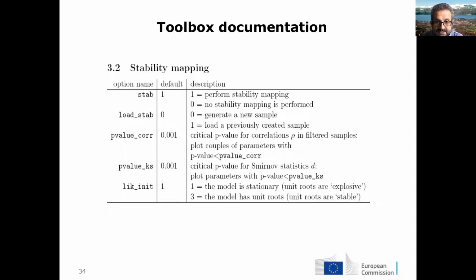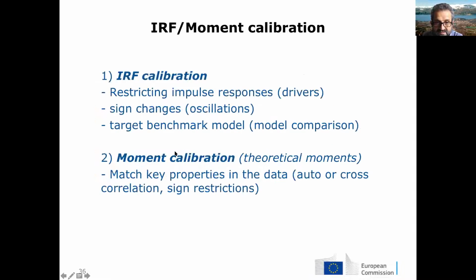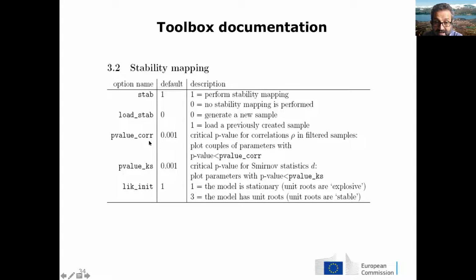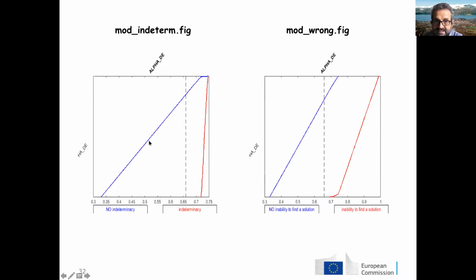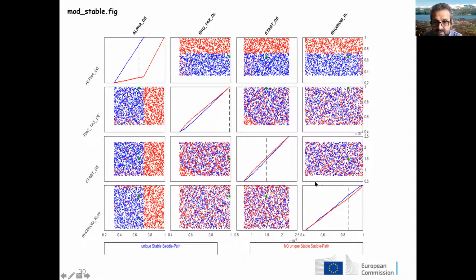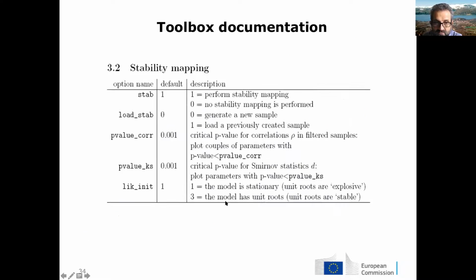Then the other important thing is about the p-value, because we want Dynare to only plot the parameters that are relevant. So we want to set a threshold. The default is that the p-value for the Kolmogorov-Smirnov test is 0.001.